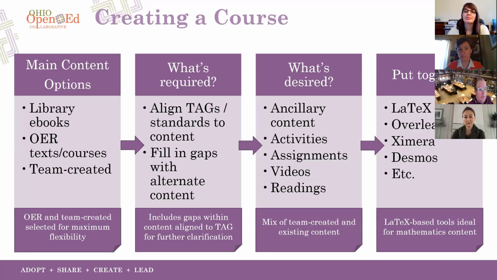And in putting this together, because this is math, LaTeX was deemed to be very essential, so that way it's properly displayed on screens. Overleaf is a major tool that people could use to work with the LaTeX and make sure things perform well and look correctly. There is a homegrown system at Ohio State called Chimera that is used for some of the courses, some of it for a full course, some of it for part of a course or some assignments, that allows a lot of interactivity.